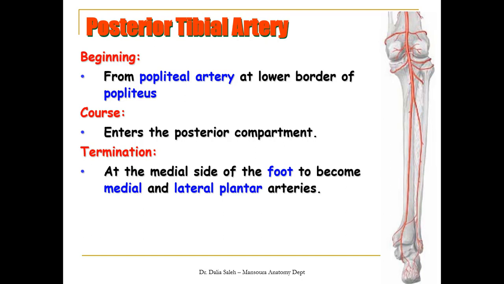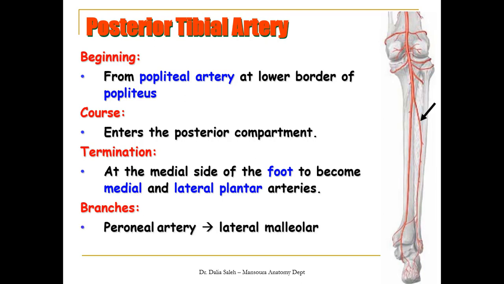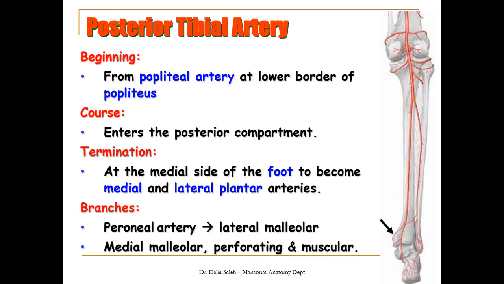During its course, it gives many branches. The most important is the peroneal artery, which lies on the lateral side. It gives a nutrient branch to the fibula and also lateral malleolar branches, while the posterior tibial artery itself gives a nutrient branch to the tibia, muscular branches to the posterior compartment muscles, and also the medial malleolar branch.